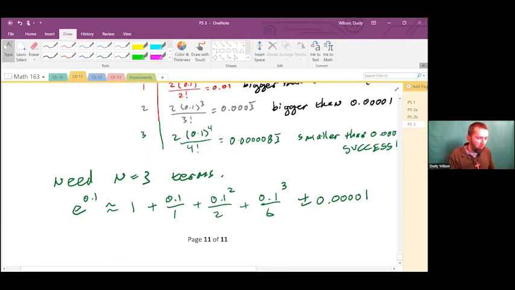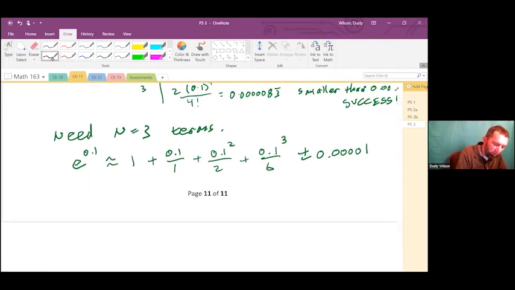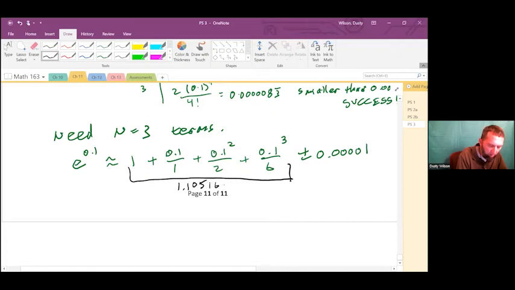And so we could add those numbers up and compare and see how it works. Looking at these terms, 1 plus 0.1 plus 0.1 squared divided by 2 plus 0.1 cubed divided by 6, I get 1.10516 repeating, plus or minus 0.00001.